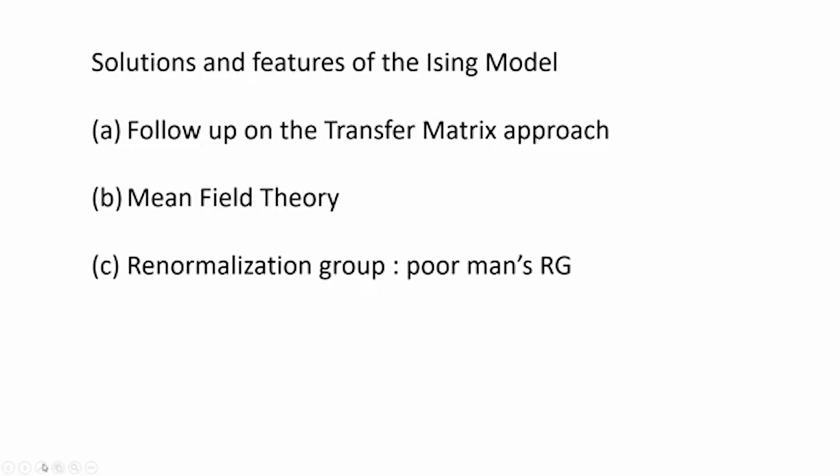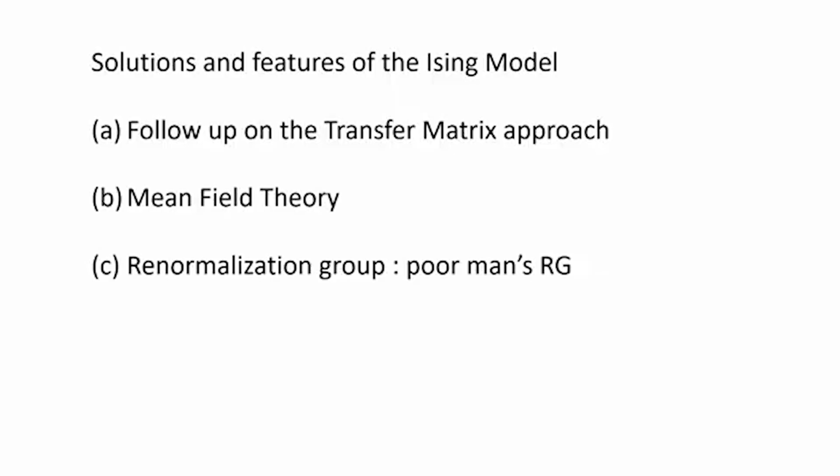which is also known as the poor man's RG, or it is also called the Kadanoff technique or Kadanoff transformation, and these will wrap up the solutions of the 1D Ising model, which shows a distinct transition from the paramagnet to a ferromagnetic phase.